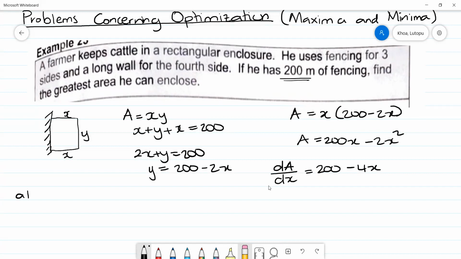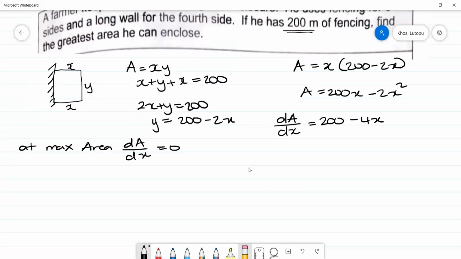And then at the maximum area, we have dA/dx is equal to 0. So this means that 200 minus 4x is equal to 0.